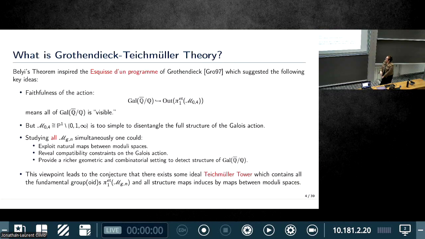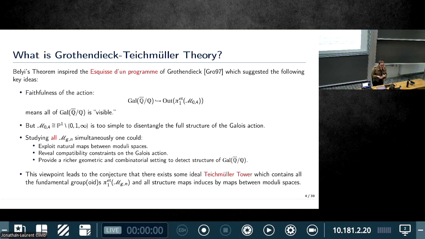Now this theorem inspired part of Grothendieck's idea, which was to think about how we could translate problems about the absolute Galois group, this arithmetic object, into topological or algebraic topological ones.